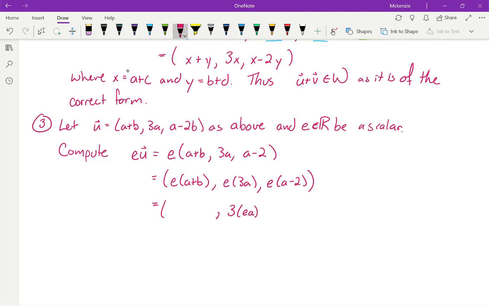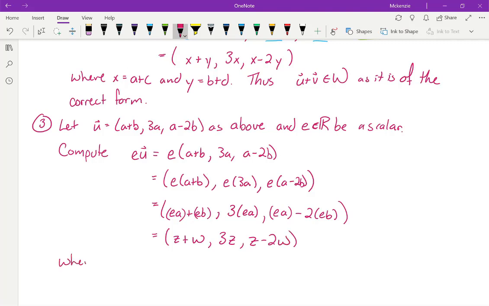Then we want to separate that something in the first part from the other stuff. And then we want that same thing minus 2 times something. Oh, I missed the b. 2eb.